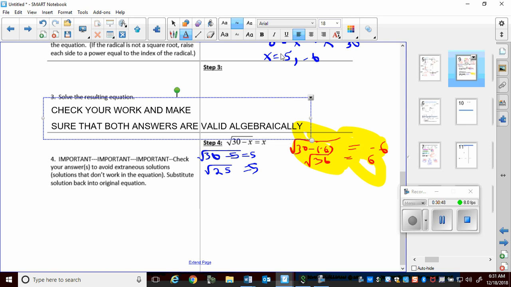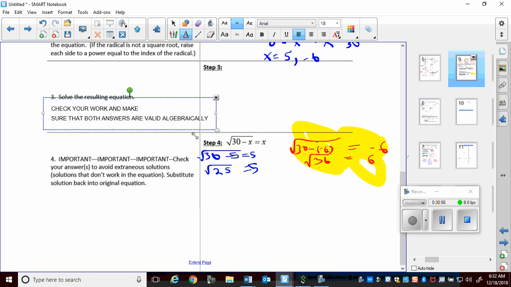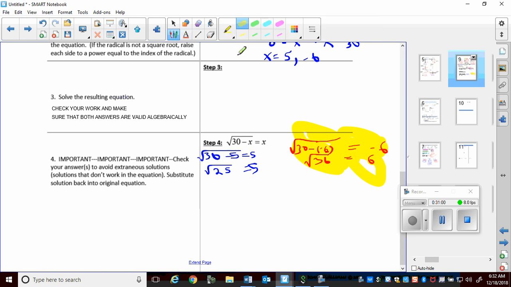If you put those two answers, I'm going to mark it wrong. It doesn't work out for x equals -6. You have to check the work. So the actual only answer you have is x equals 5.